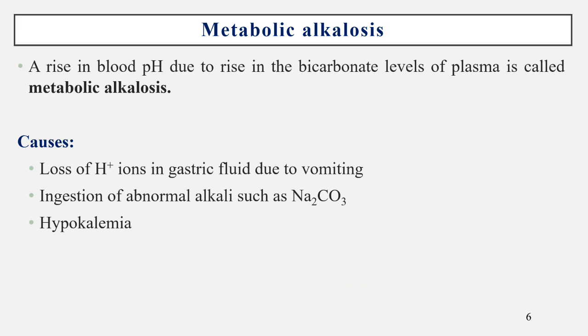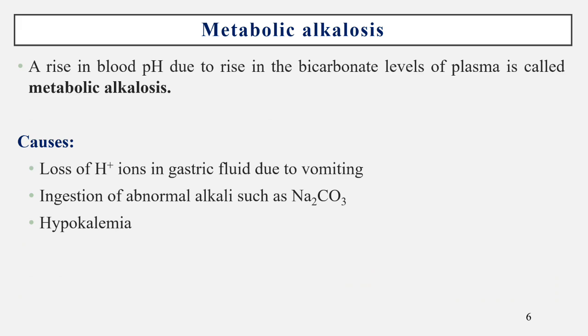Loss of H+ ions in gastric fluid due to vomiting, loss of gastric juice along with H+ ions in prolonged and severe vomiting, and therapeutic administration of large doses of alkali and injection of abnormal alkali such as disodium carbonate. Then hypokalemia.